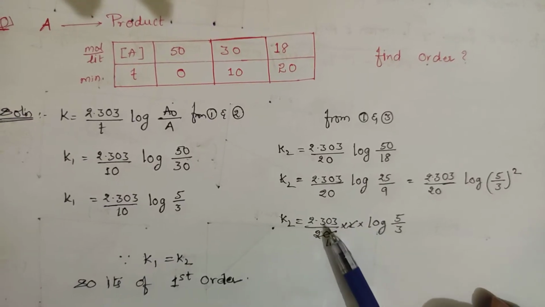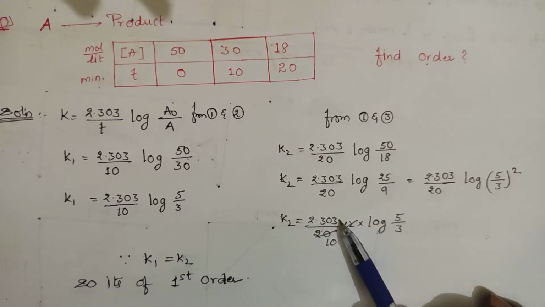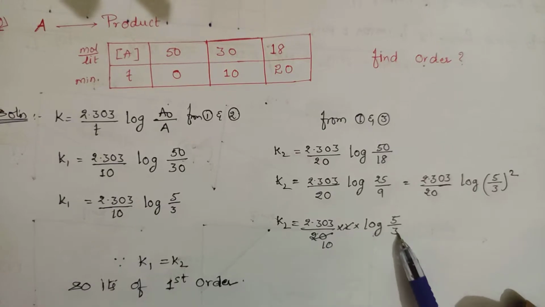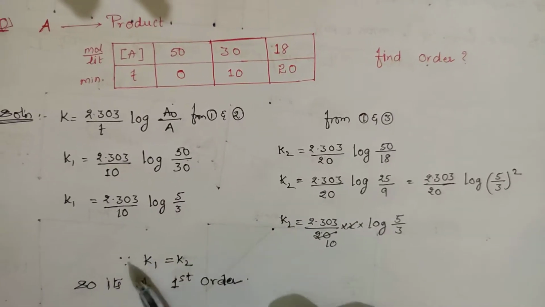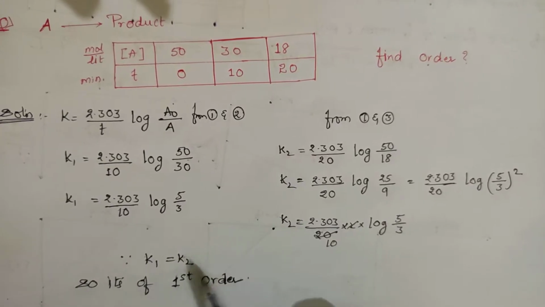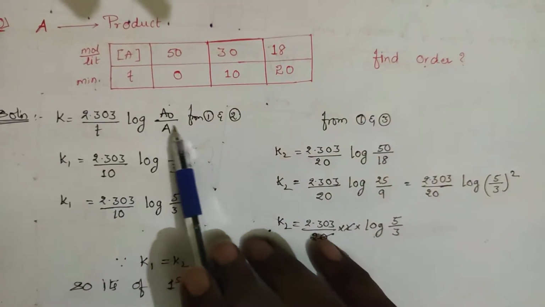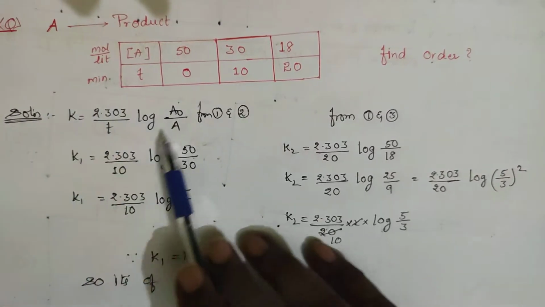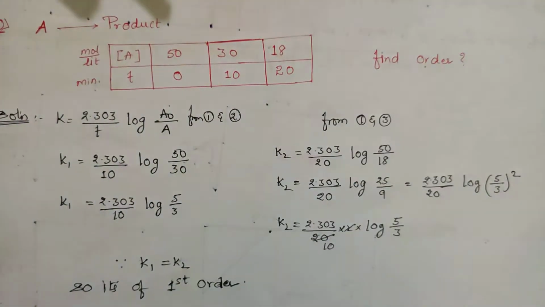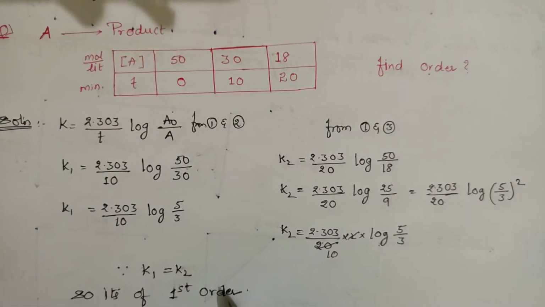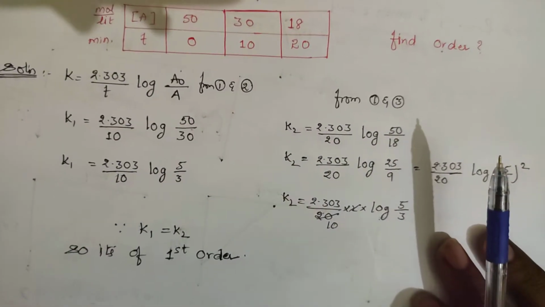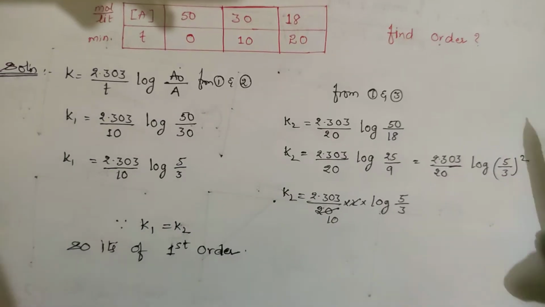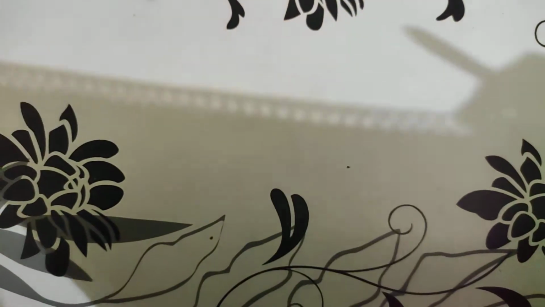Two ones, two tens, so you get 2.303 by 10 log 5 by 3, the same value. Since K1 and K2 are equal, this constant value is taken for the first order. So the reaction is a first order reaction. These are the ways you can calculate, using the hit and trial method.